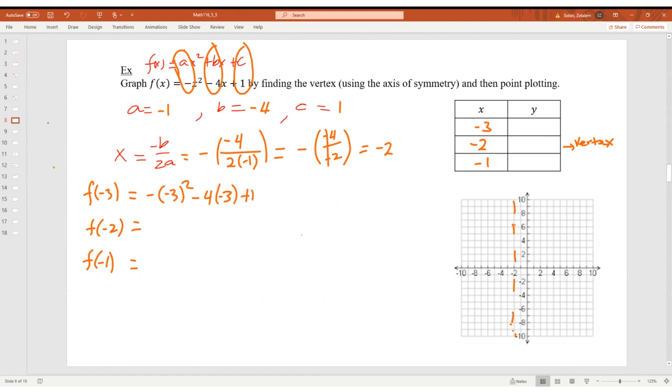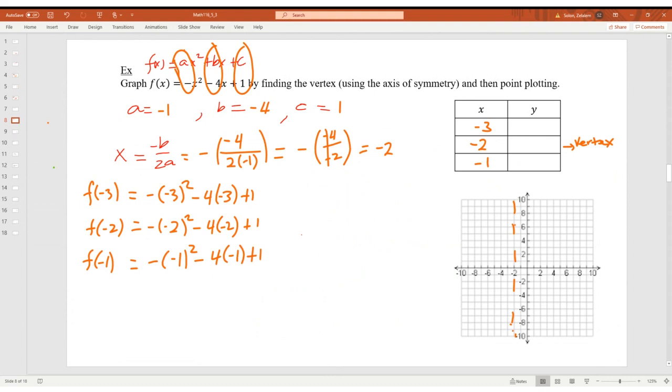So just plug it into the function. For the second one, negative of -2 squared, minus 4 times -2 plus 1. And for the third one, we have negative of -1 squared minus 4 times -1 plus 1. It's just plug in the numbers.